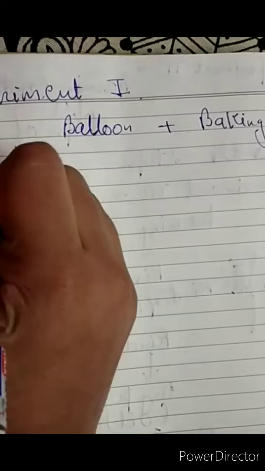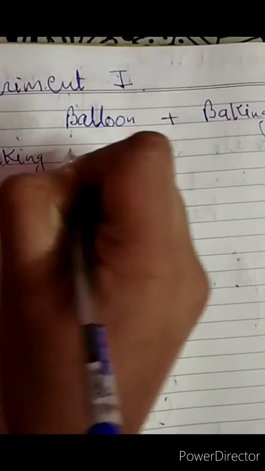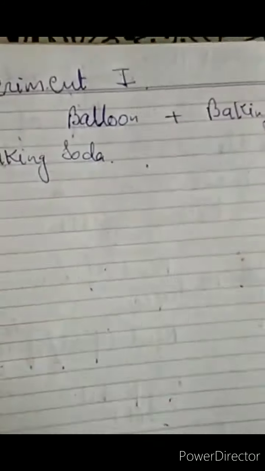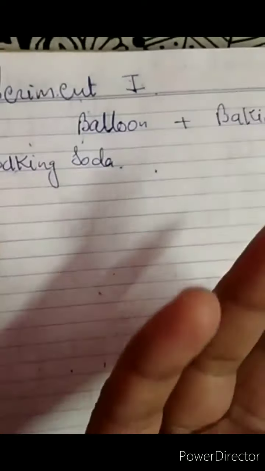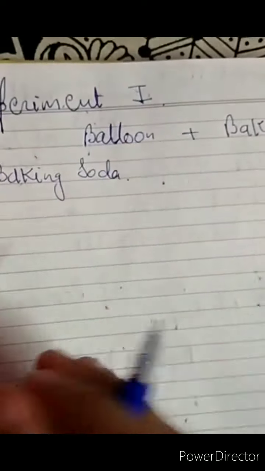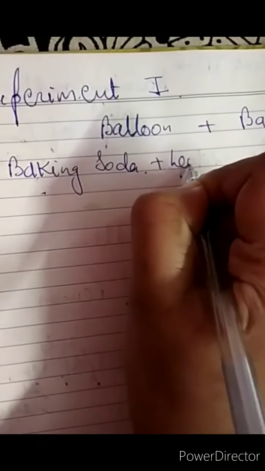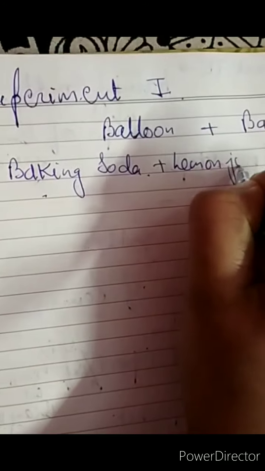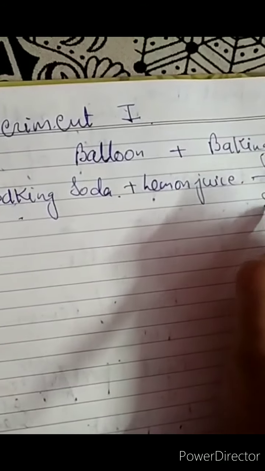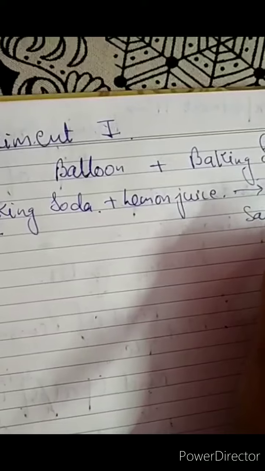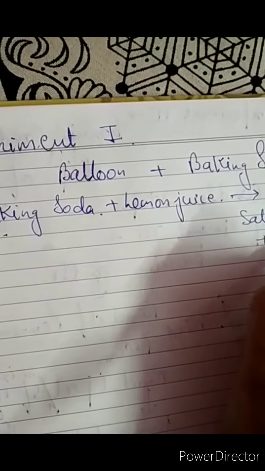So the reaction is something like this. I have filled my balloon with baking soda. You can just use 1 spoon of baking soda, it is enough. Baking soda plus lemon juice gives you salt plus CO2 plus water.